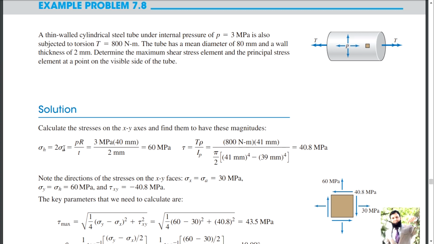Hoop stresses are maximum, PR divided by T. As diameter is given, PD divided by 2T will be more feasible. P is the pressure and R is the internal radius, T is the thickness of the material. So this is 60 megapascal positive. Hoop stresses are tensile stresses.